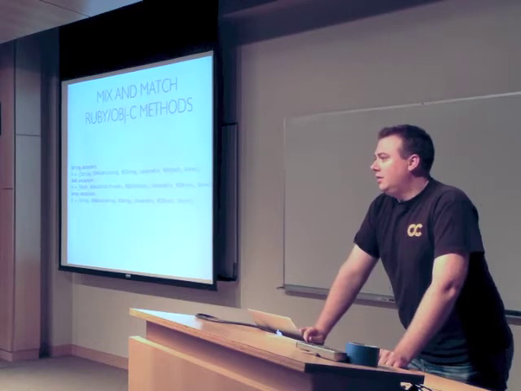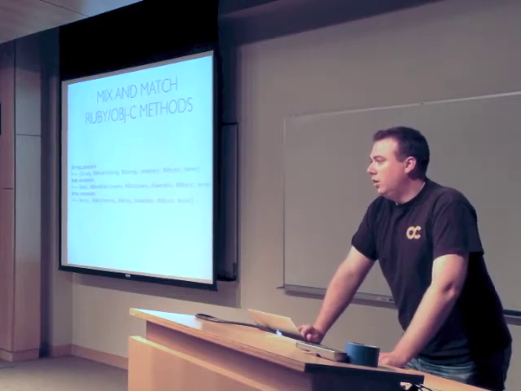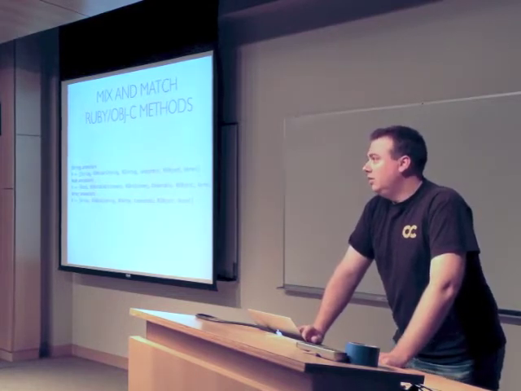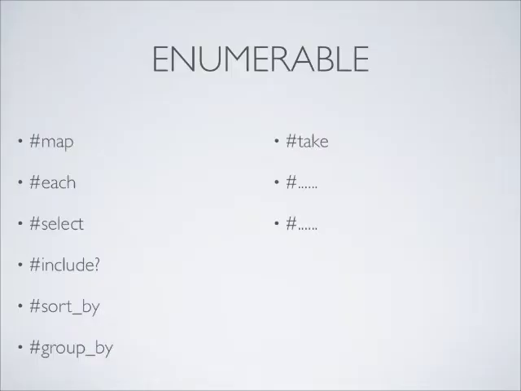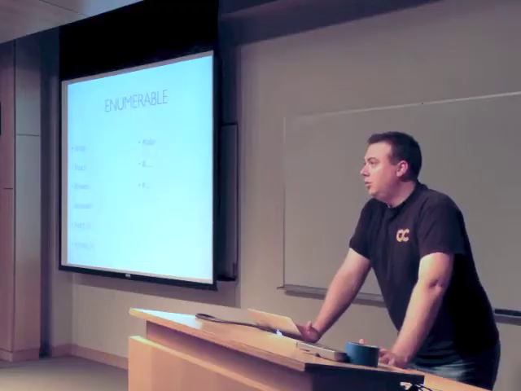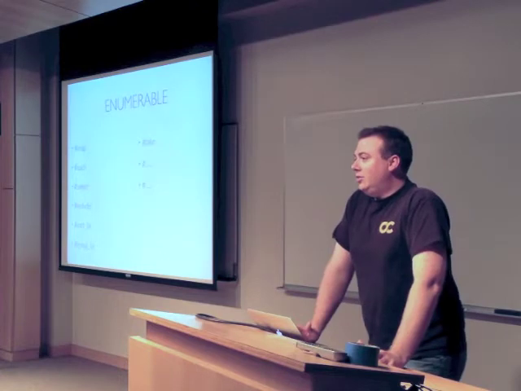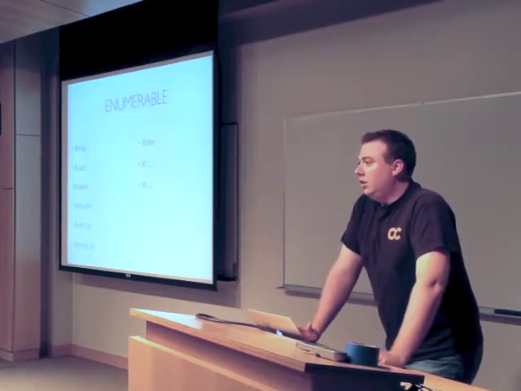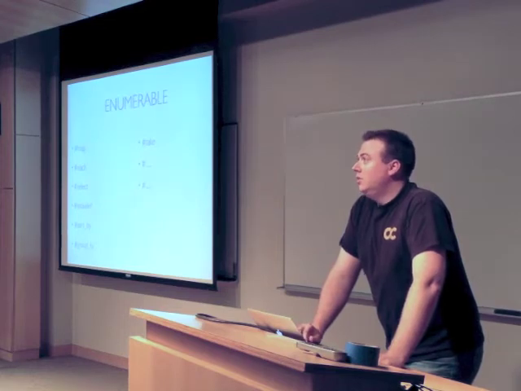NS is NeXTSTEP, which is where Objective-C kind of came from, with the company that they bought a while ago, and they never changed it. You get Enumerable, definitely my favorite module in all of Ruby. You can iterate as you're used to in Ruby over Objective-C objects. So just very useful.